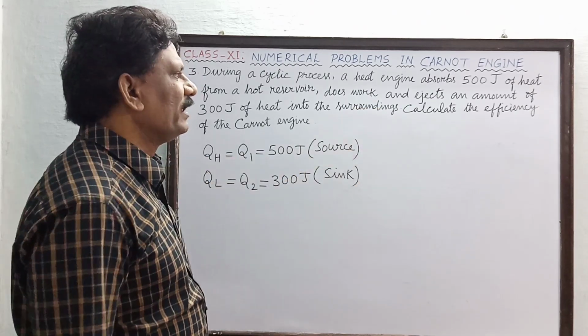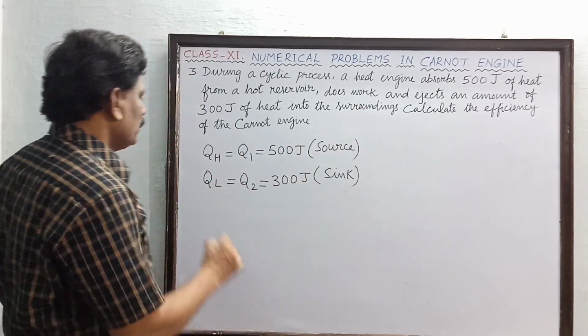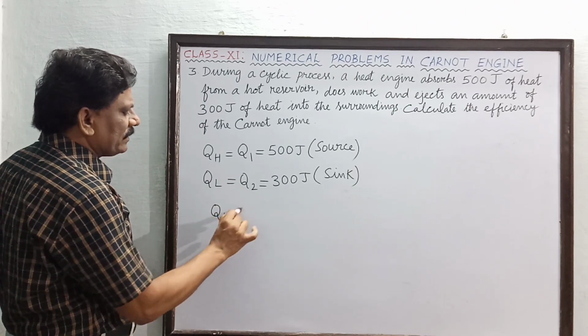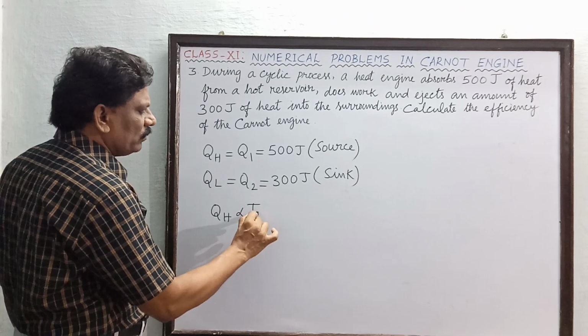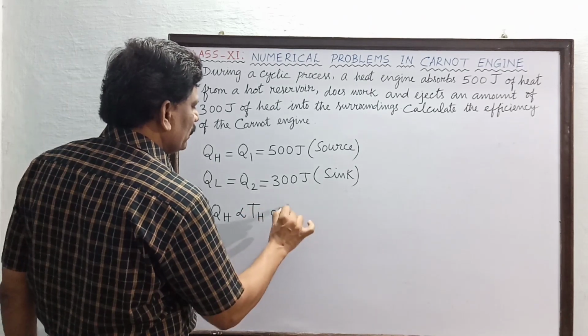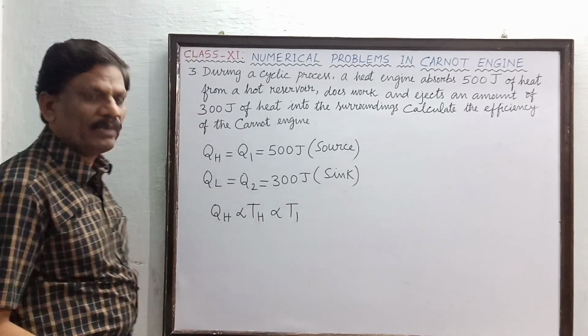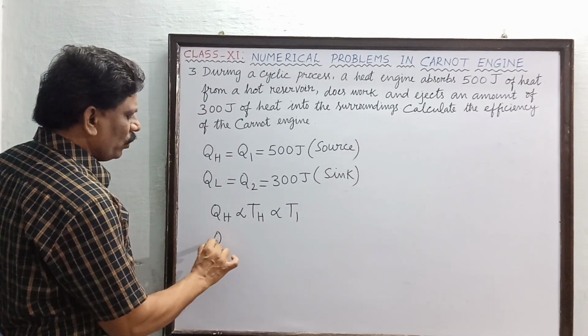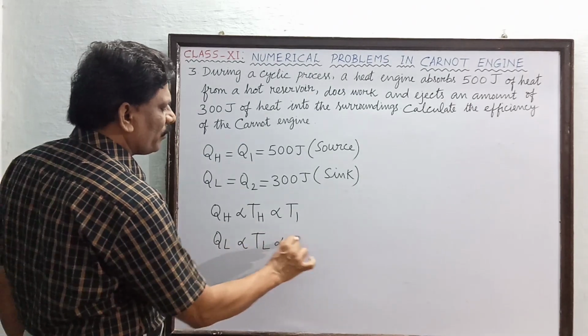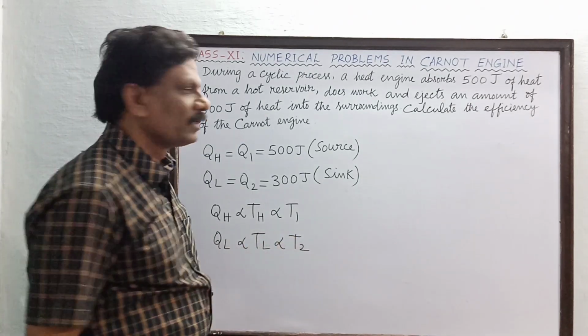So, now we have to find the efficiency. You see here, Q high is proportional to TH, that is proportional to T1. And Q low is proportional to TL, which is proportional to T2.